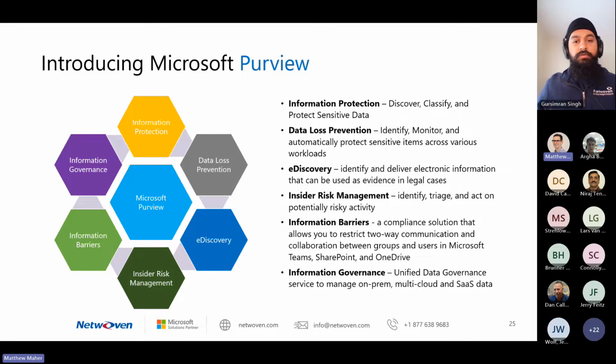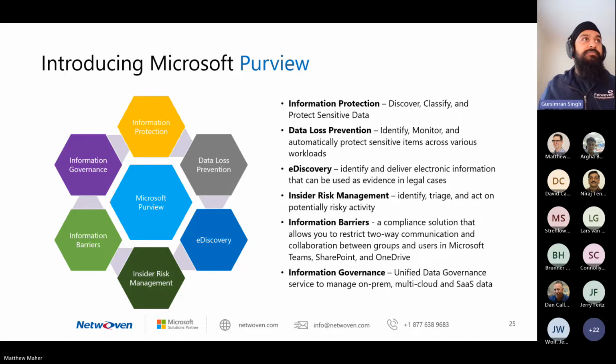So we talked about information protection. There's also data loss prevention, which covers the identification, monitoring, and automatic protection of content across various workloads. E-discovery, being able to identify and deliver electronic information that can be used as evidence in legal cases and putting legal holds on things.